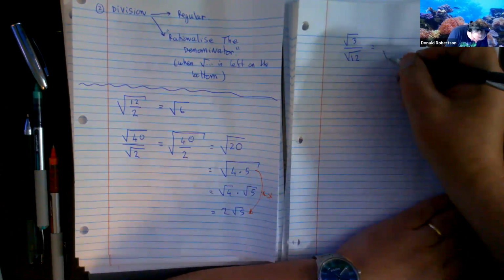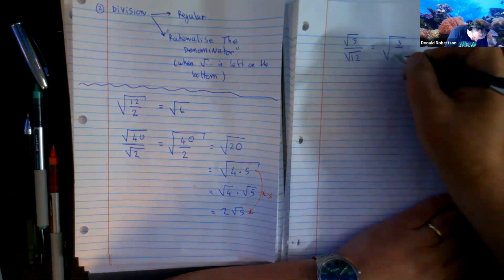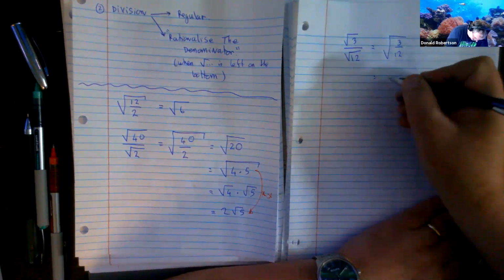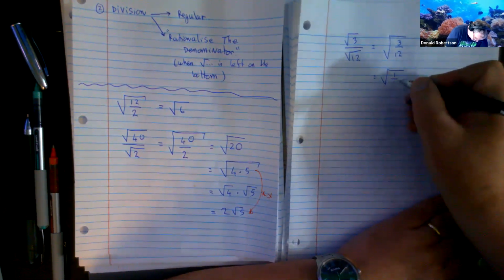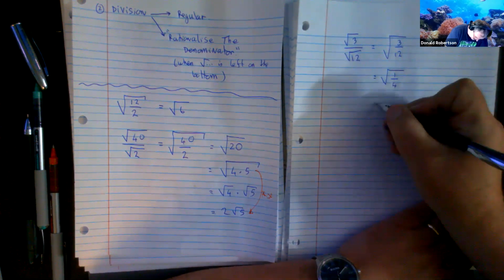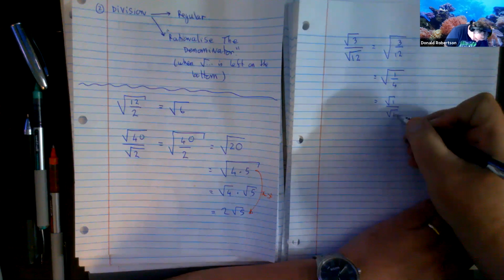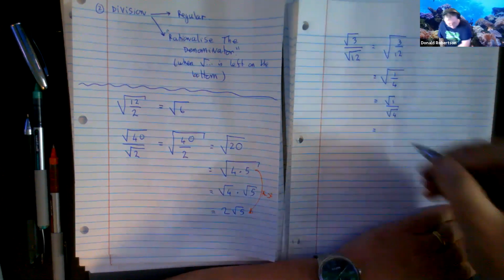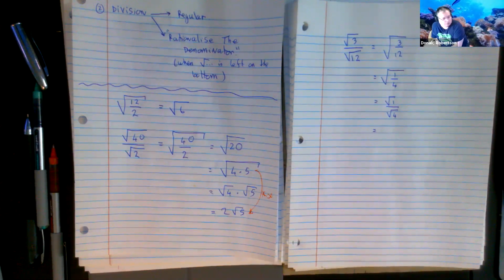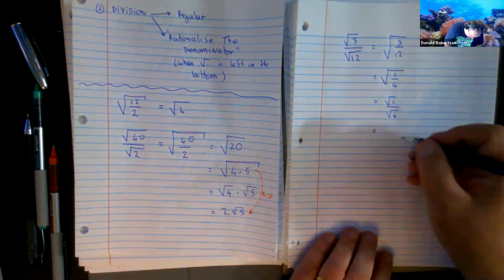That's going to be the square root of 3 on the top, 12 on the bottom. That's going to be the square root of a quarter. And that's going to split into these two square roots. Square root of 1 is perfect.